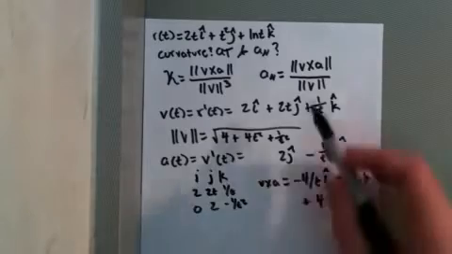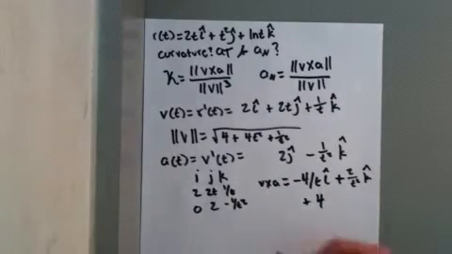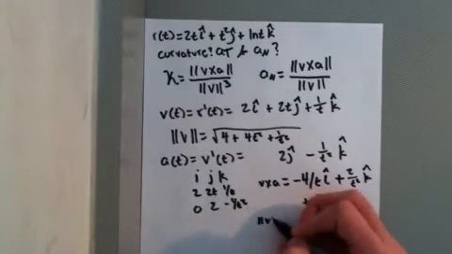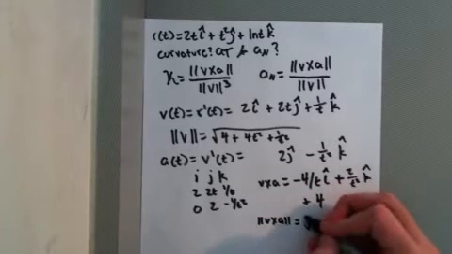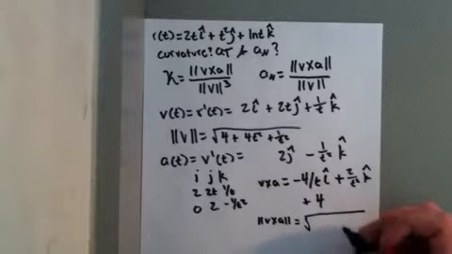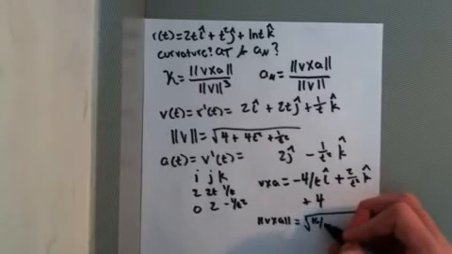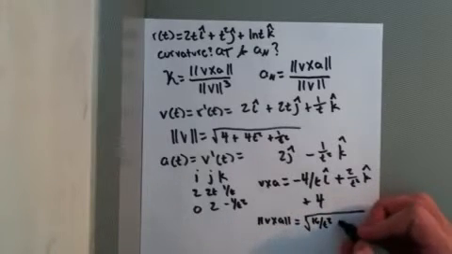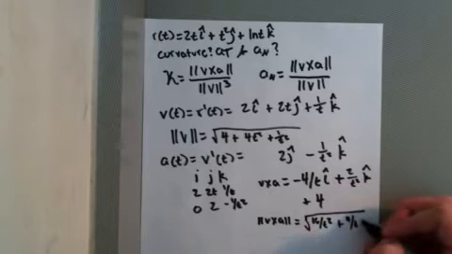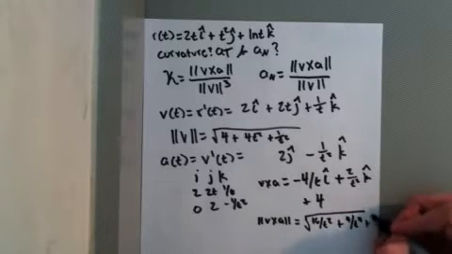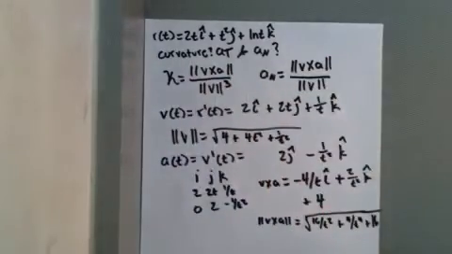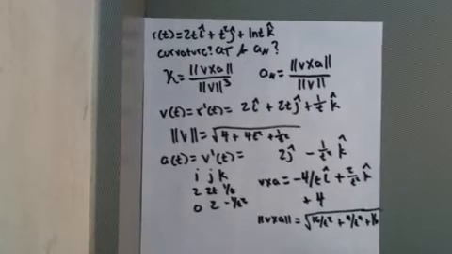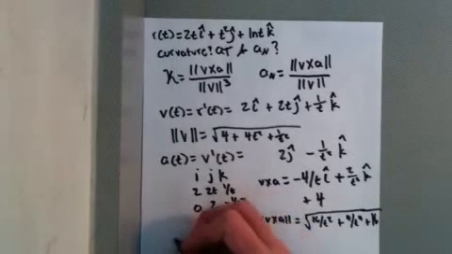Okay, so then we're really concerned about the magnitude of v cross a. So the magnitude of v cross a is going to be equal to the square root of, square them all up, 16 over t squared plus 4 over t to the 4th plus 16. Alright, so now we can find our equation for curvature.